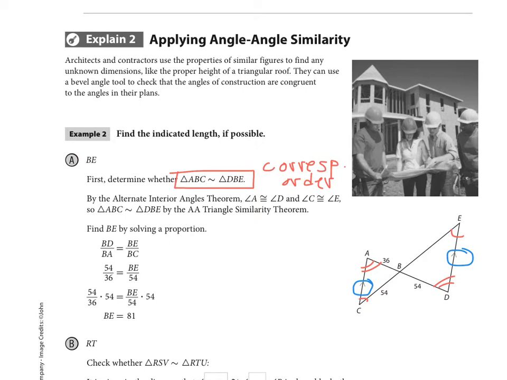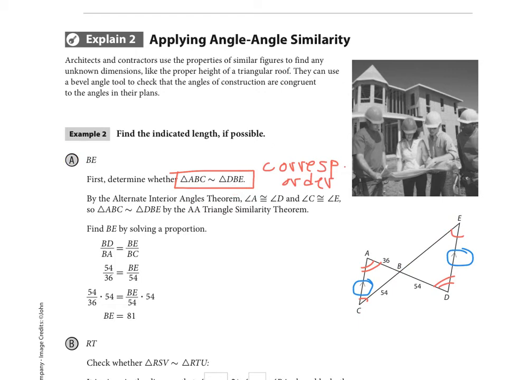B is a vertical angle pair, so it's an angle that is used on the left side and the right side triangle. That vertex is used in both. And then finally angle C is marked with just one tick mark, and the corresponding piece over in the right triangle is angle E. So notice that we want to make sure that this similarity statement is in corresponding order.